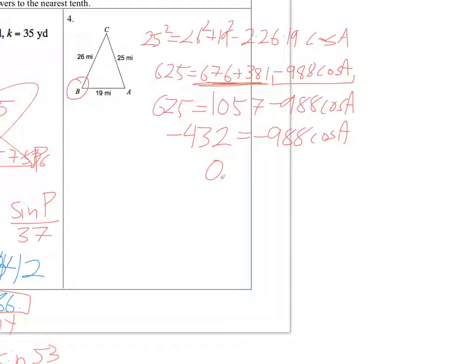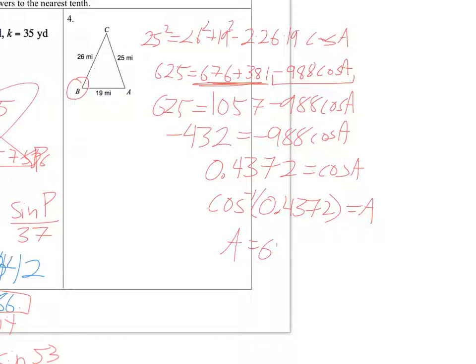We get 0.4372 is equal to cosine of A. I'm going to take the arc cosine or the inverse cosine of 0.4372. And we get our answer. So let me just put parentheses around that and do arc cosine. I get A is 64.07 degrees.